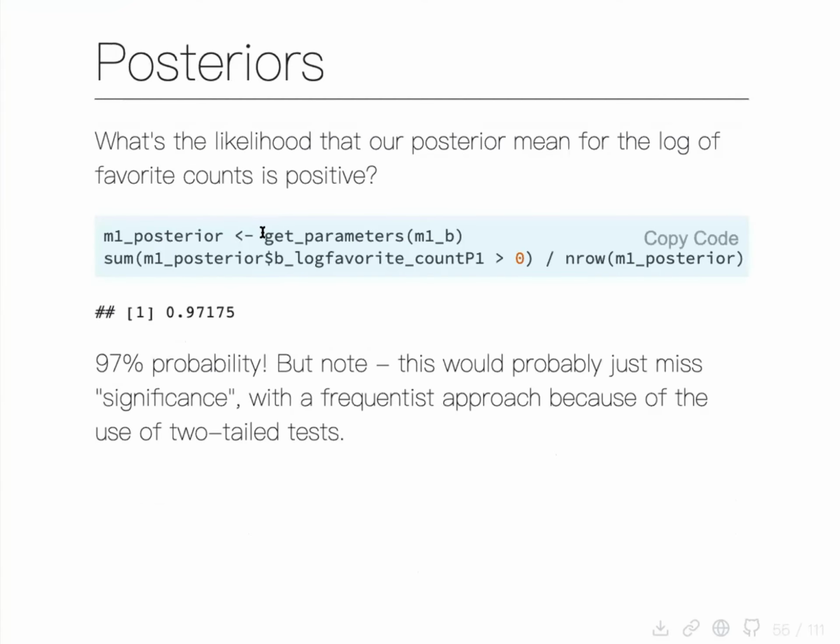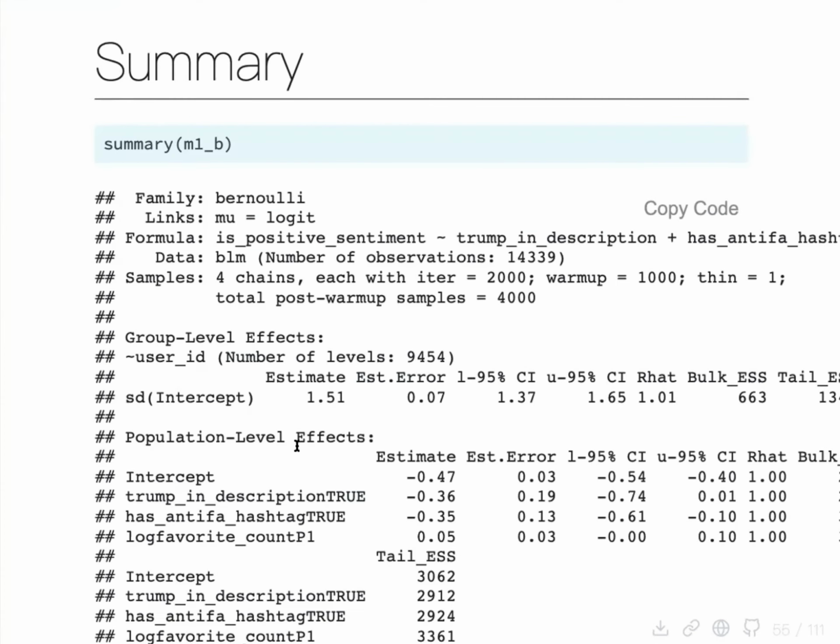What we can do is, again, use that get parameters for M1B, and that's going to give us a data frame that has all of our predictors. One of those columns is going to be called B log favorite count P1. That's the same thing it's called here, the log of our favorite counts plus 1. That's where the P1 comes from.